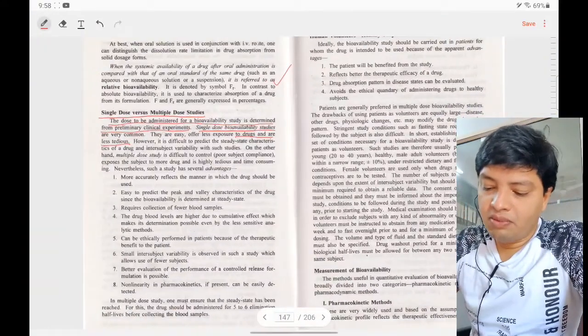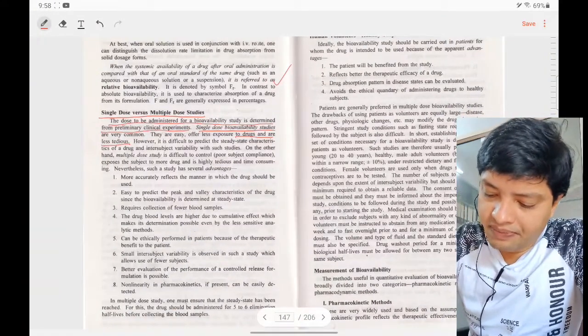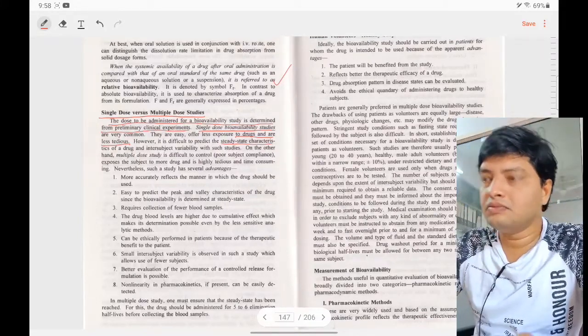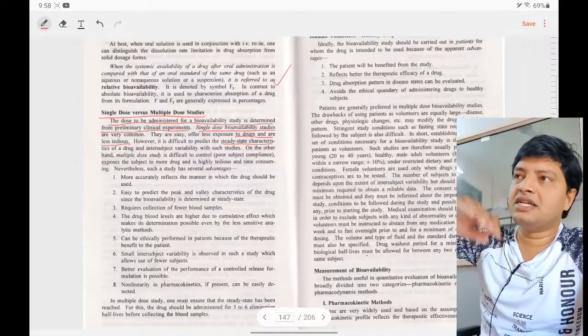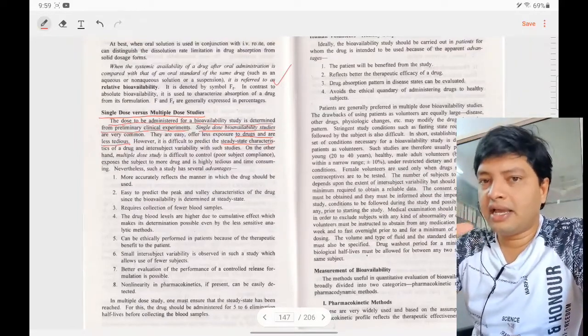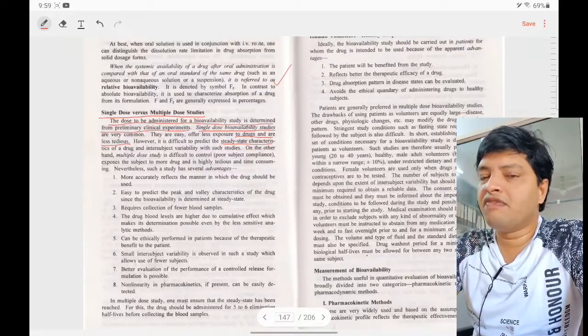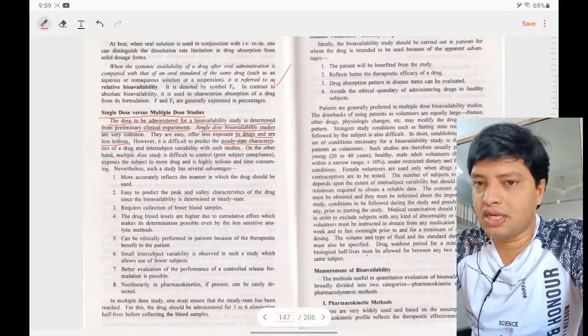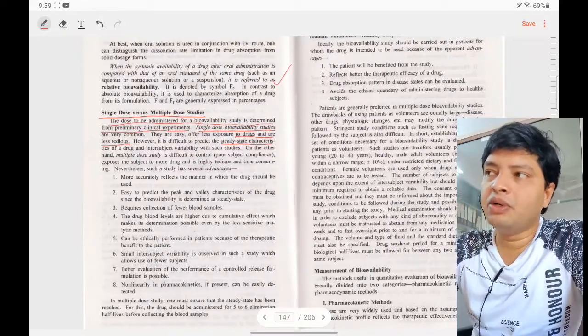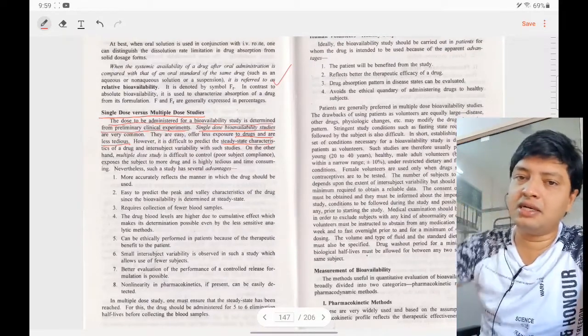But the problem here is the steady state characteristics. If you want to know the steady state characteristics of a drug, you can't get that information through a single dose study. To get to steady state you need to give multiple doses, and only then will you achieve steady state.